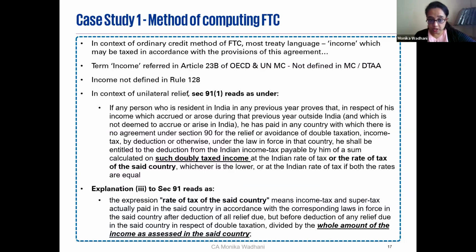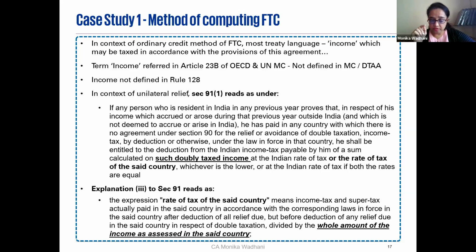So the term which is not defined in the treaty, as per Article 3 of the respective treaty, you can come to the domestic law and see if term is defined in the domestic law. Income is defined in the domestic law under section 2(24), but which is an inclusive definition, and here the meaning and the context is not the same. And also income is not defined under Rule 128, which has been prescribed for FTC.